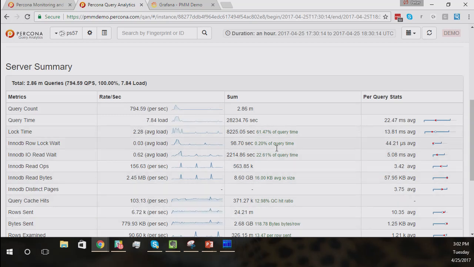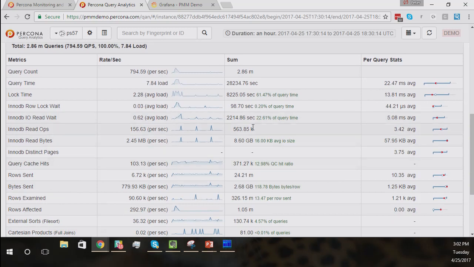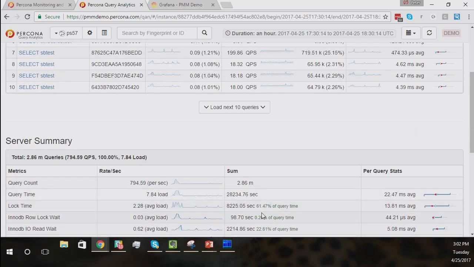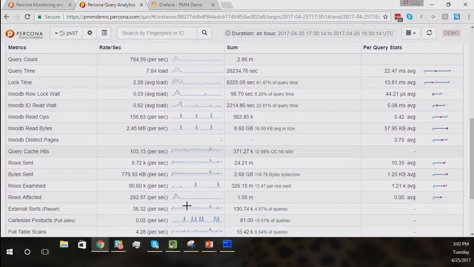Now we can also take a look at a lot of the other things, like for example, how much of the query load here corresponds to disk I/O. We can take a look, for example, at other things like the query cache hit ratio overall, how many full table scans are happening, and so on and so forth.